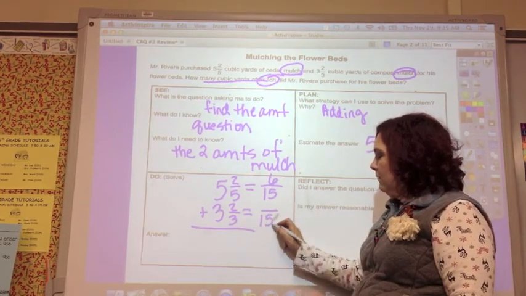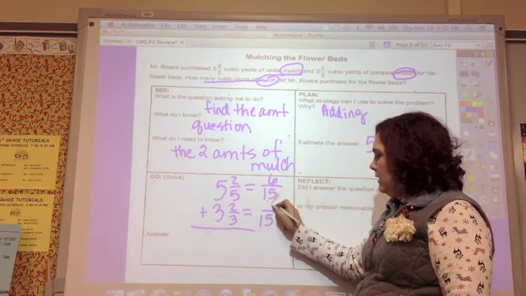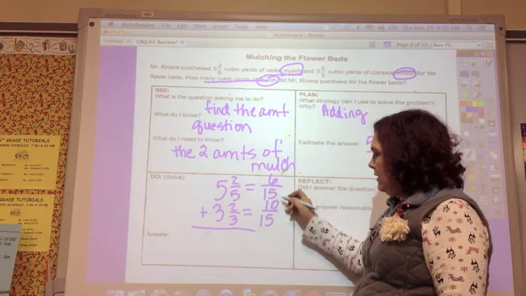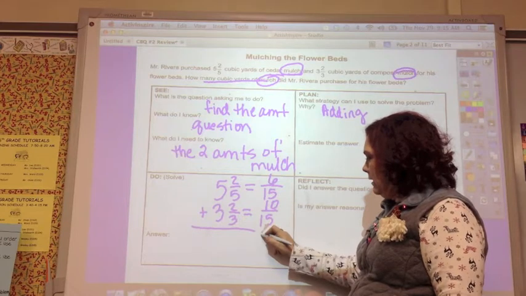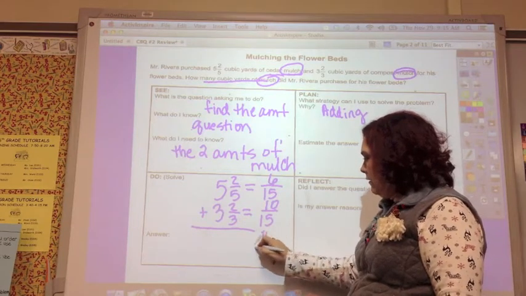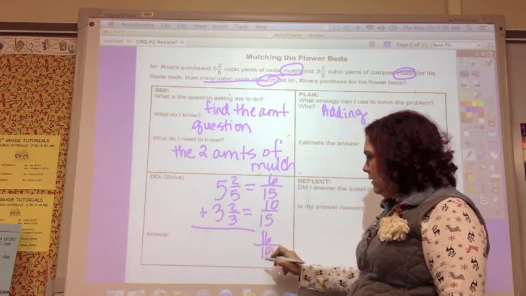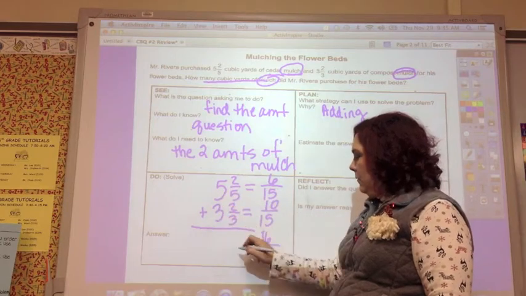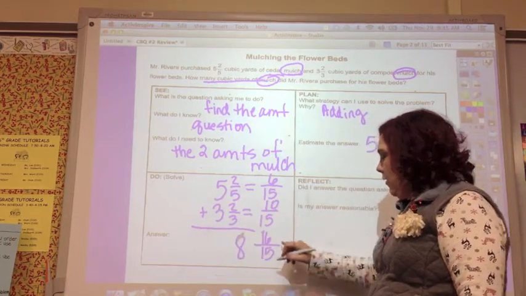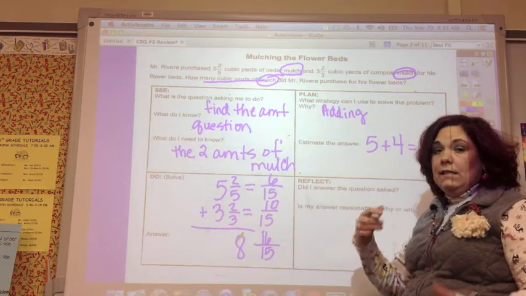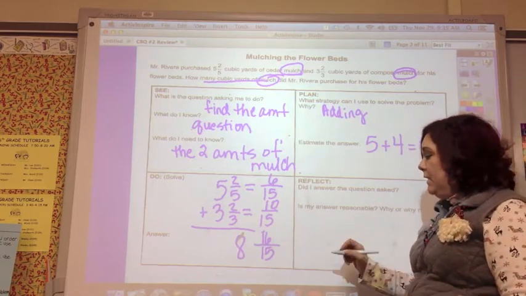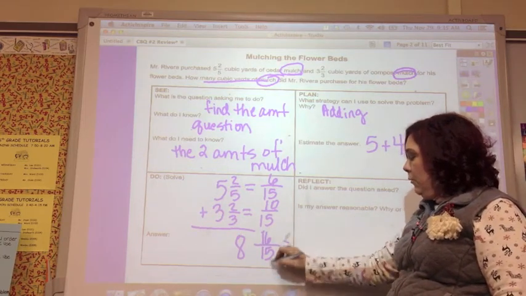And 3 times 5 is 15. 2 times 5 is 10. So 6 plus 10 is 16, and that's 15ths. And then 5 plus 3 is 8. So 16/15 is equal to 1 1/15.